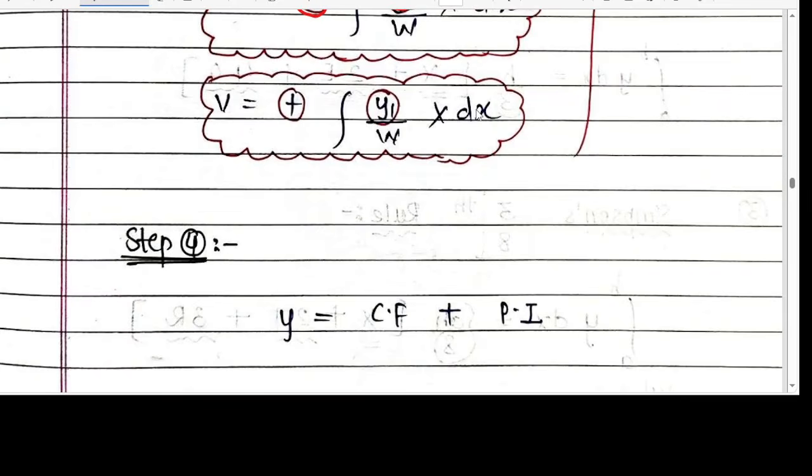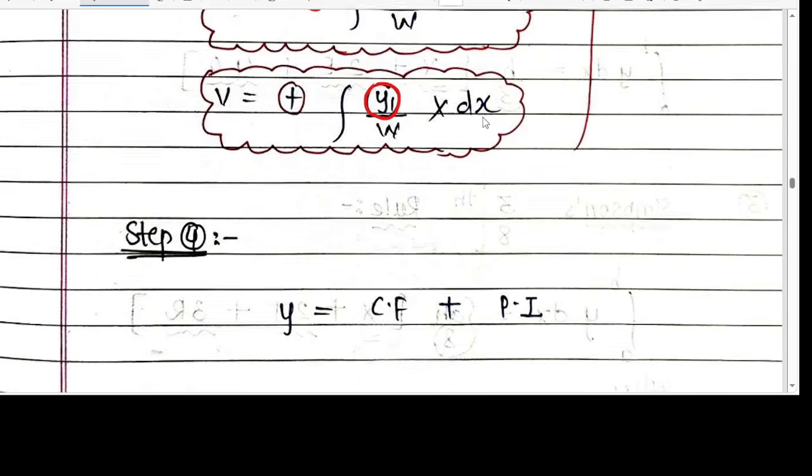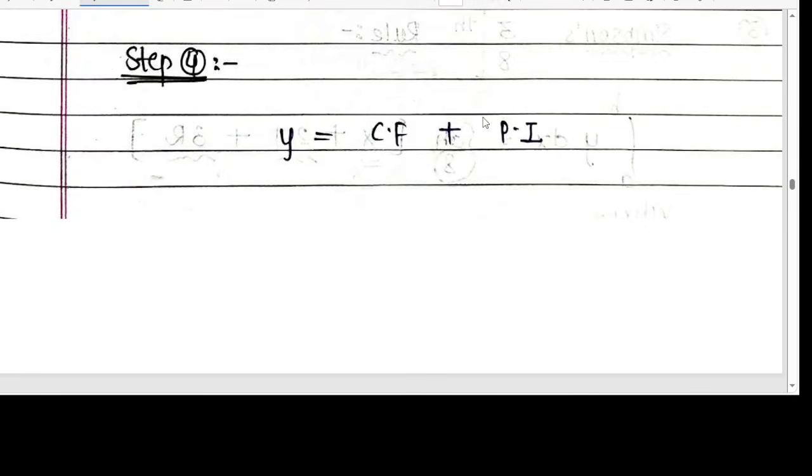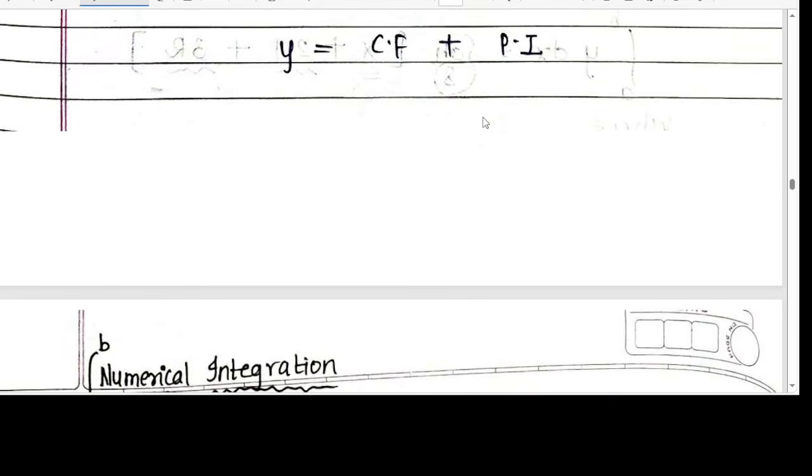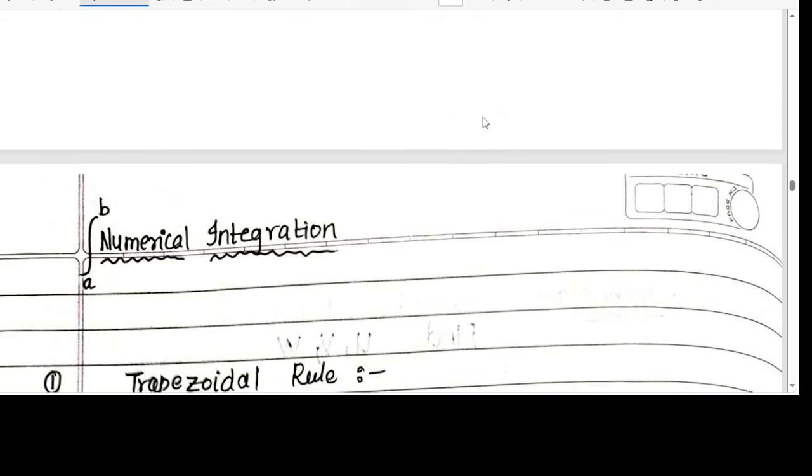V is equal to, here no minus sign, V is equal to integral y1 upon W into capital X into dx. And finally, y is equal to CF plus PI. In this way, definitely we can solve examples by using the method of variation of parameters.